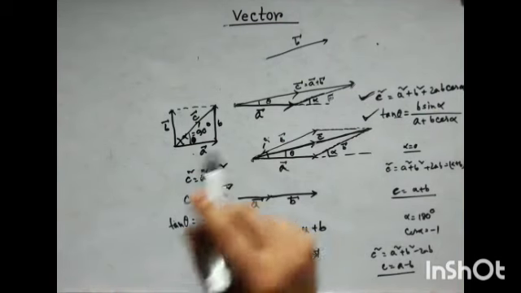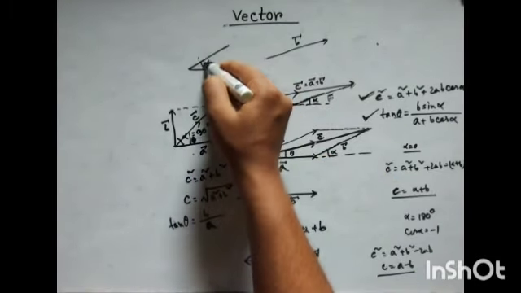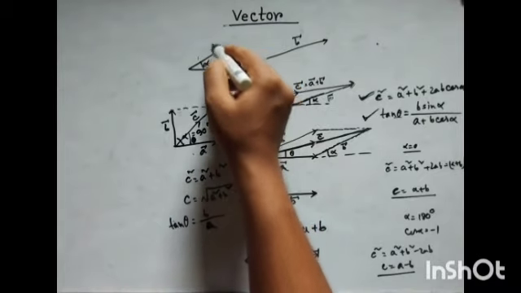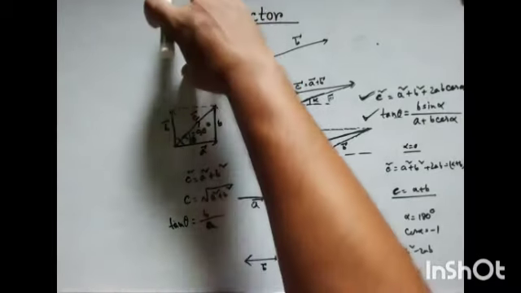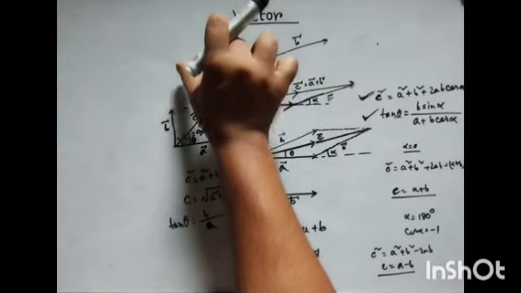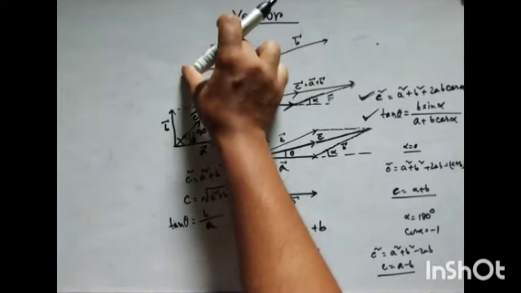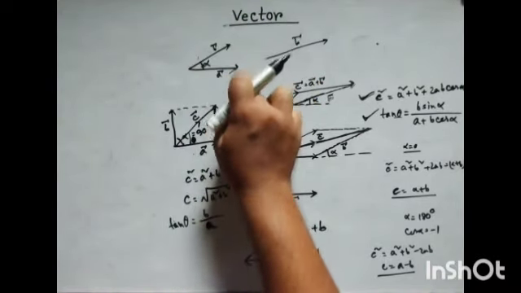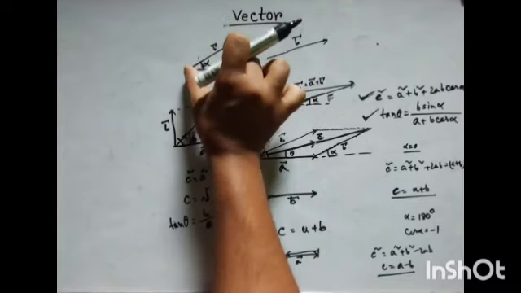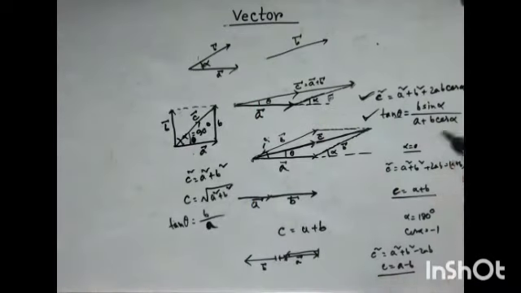Now suppose there is a vector and b vector, and this alpha is changing. That means the b vector is rotating with respect to a. Then the resultant vector will be highest when b vector is in the same direction as a vector, that is, when alpha is 0, c will be maximum, that is a plus b.